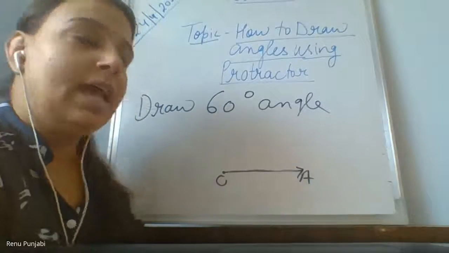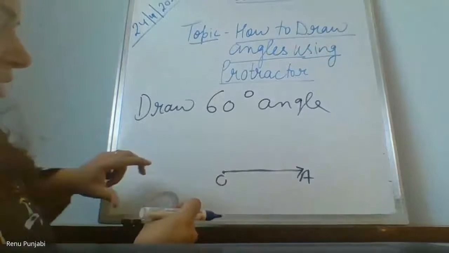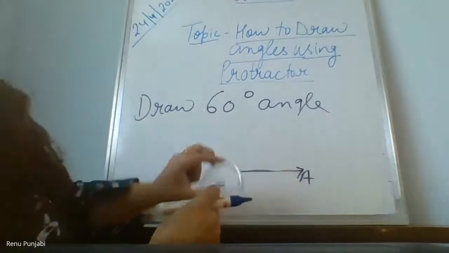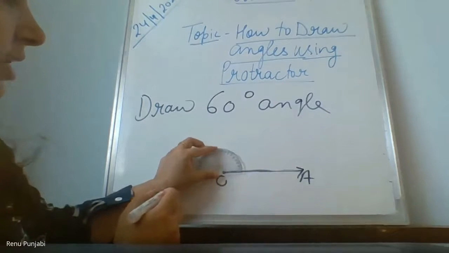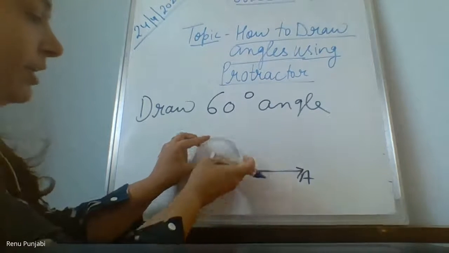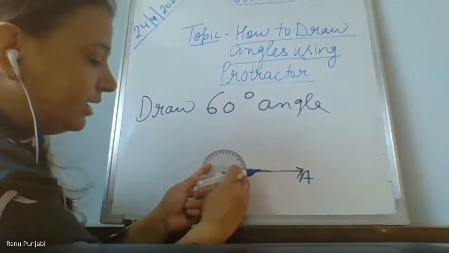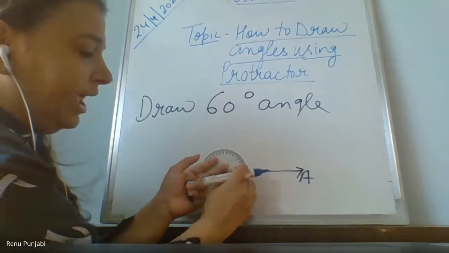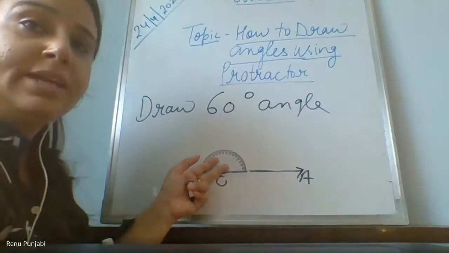After drawing a ray, you take your protractor in your hand and put the center on the vertex. Put the center of the protractor on the vertex of your ray, and see the 0 is on the inner scale because you have drawn a ray straight.